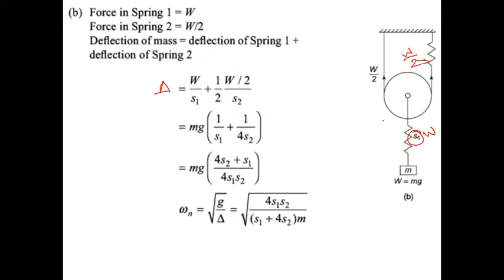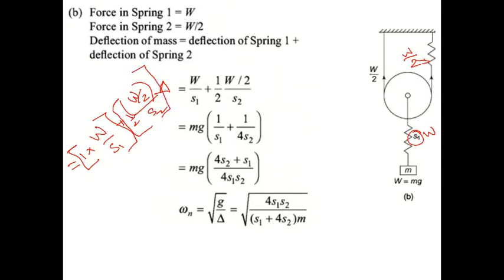Here the whole load is taken, so we can write 1 into W by S1. But for spring 2, W by 2 of the load divided by S2. Since only half of the load is acting, put 1 by 2 in front. That is what they have written here.